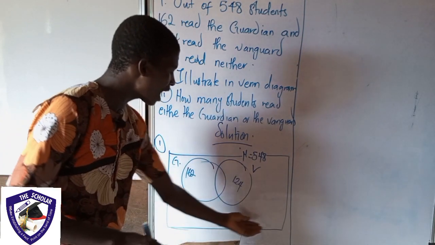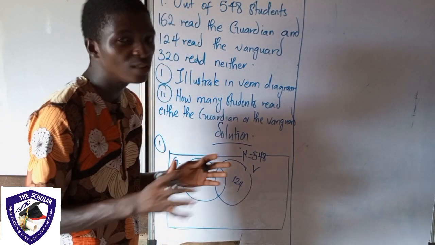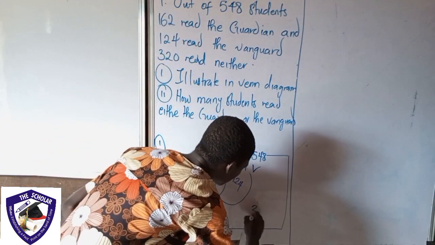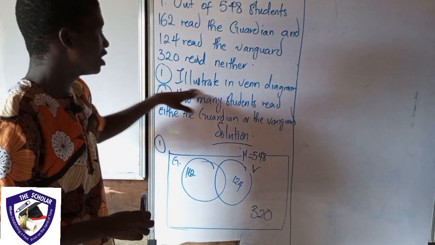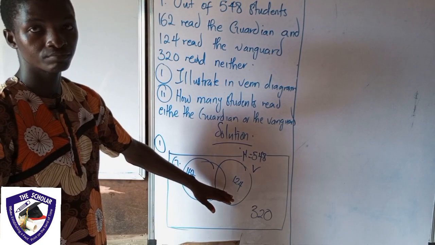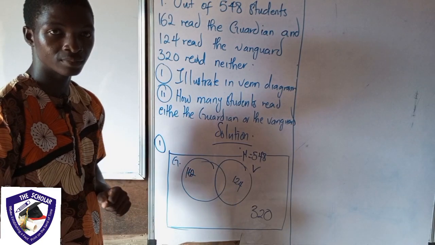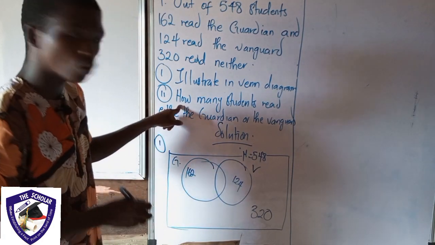So we have them outside the sets, but still in the Venn diagram. The question says illustrate in a Venn diagram, so you have illustrated this in a Venn diagram. Actually, there are still more things you have to peruse here, which is in question number 2.